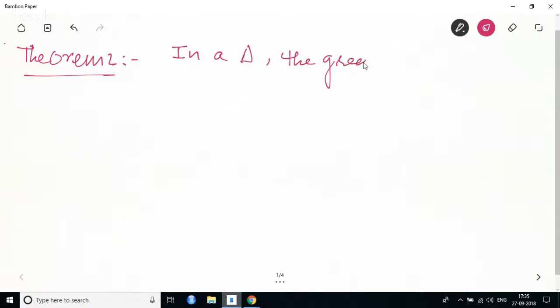So theorem 2 tells that it is the converse: in a triangle, the greater angle has the longer side opposite to it.